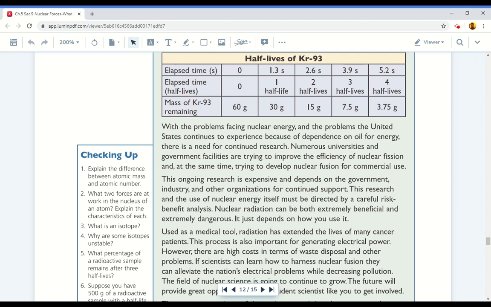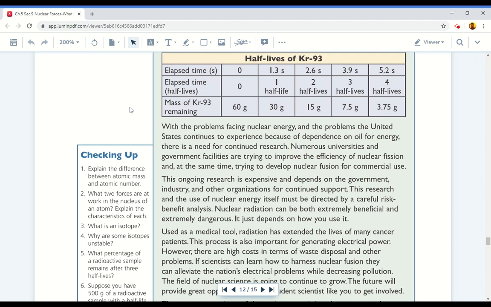With the problems facing nuclear energy and the problems the United States continues to experience because of dependence on oil for energy, there is a need for continued research.